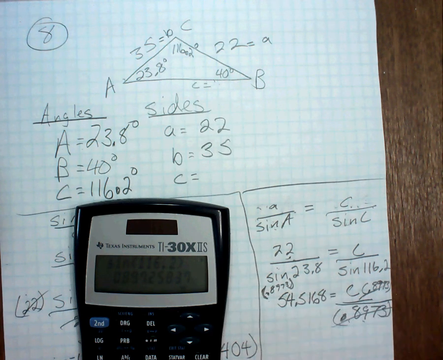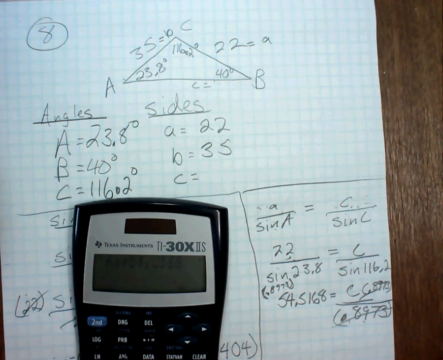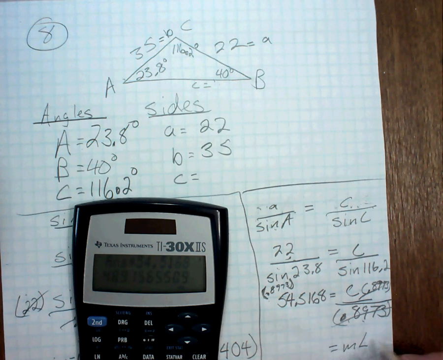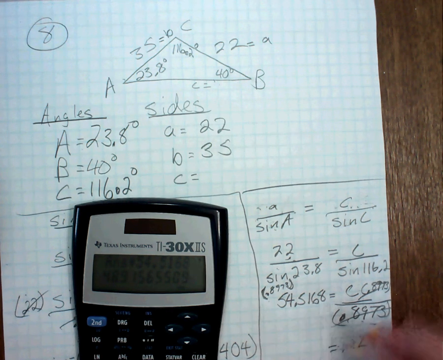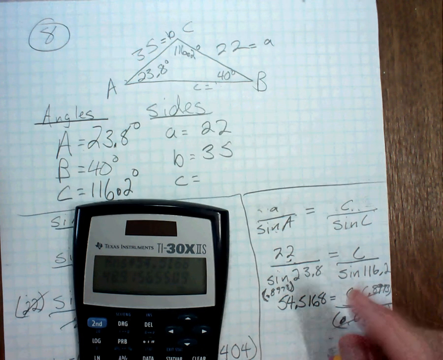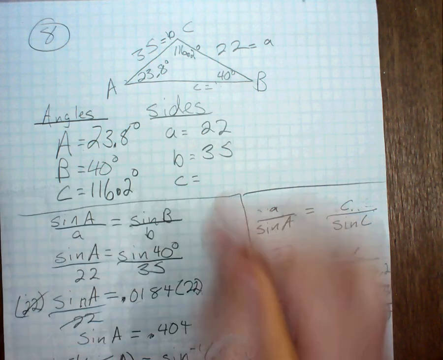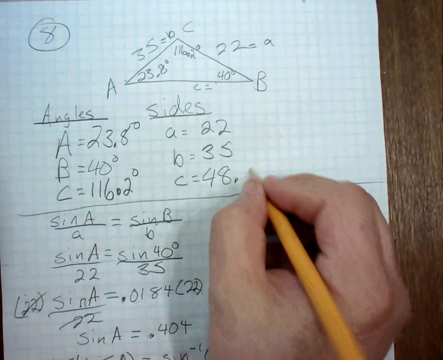So in other words, I'm going to multiply that by 54.5168, and I get that the measure of angle, or not measure of angle C, the side length lowercase c, is approximately 48.9. So that's 48.9.